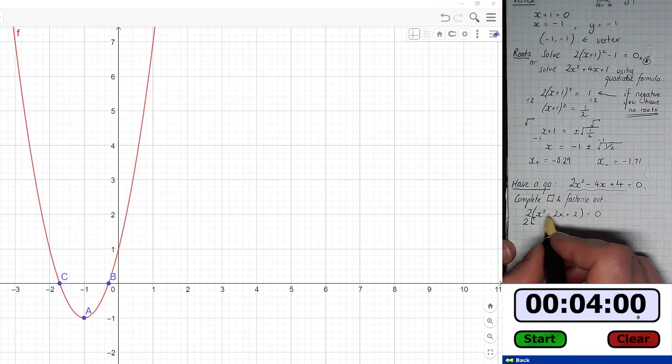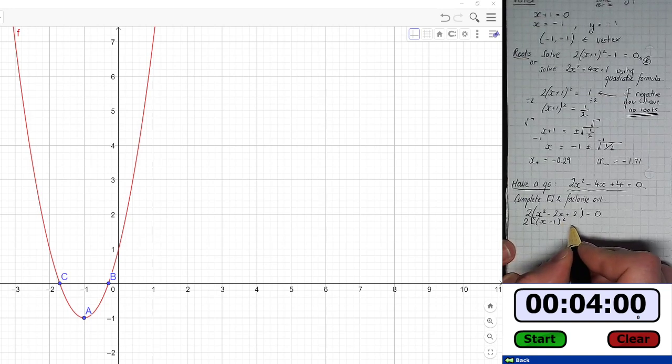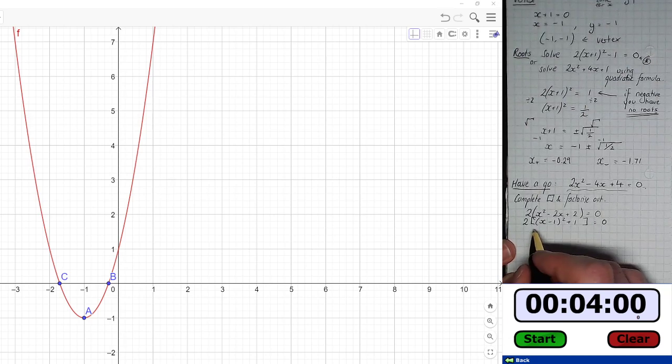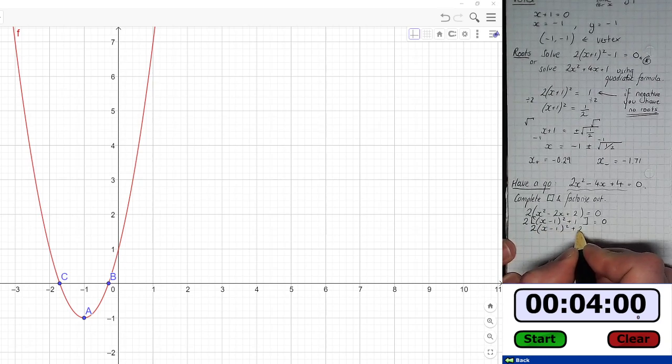So we've got 2 big bracket x take away 1 squared. Negative 1 squared is 1. I don't want 1, I want 2, so I need to add an extra 1. Is equal to 0. And then we re-expand to get rid of the big bracket. So we get 2 lots of x take away 1 squared plus 2 is equal to 0.